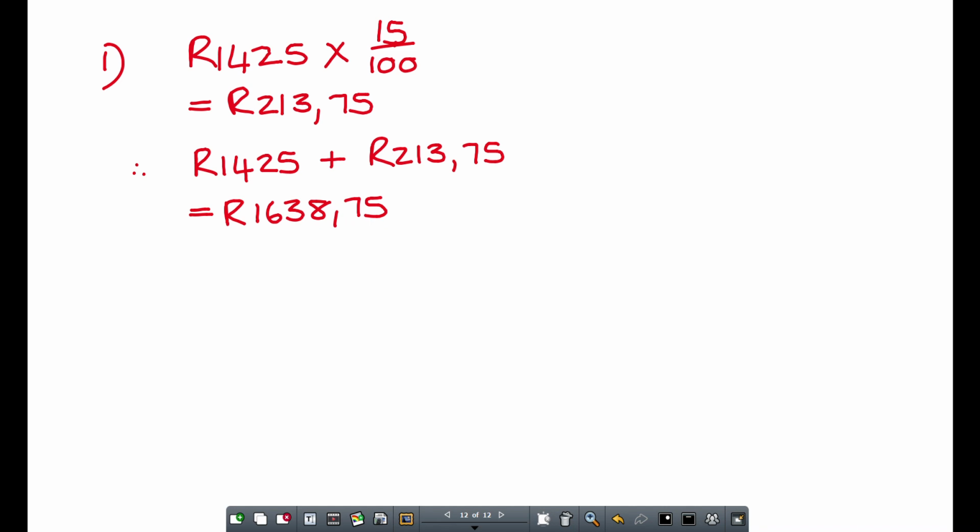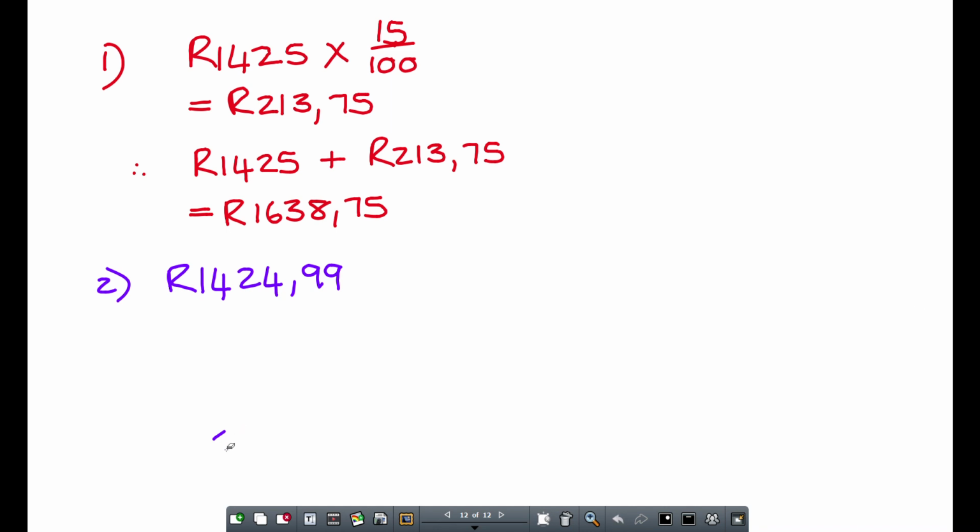Is julle reg daar? Okay, by nommer 2 sê hulle vir my, die prys van 'n printer wat ingesluit is 1,424 en 99 cent. Determine A, the original price of the printer excluding VAT.